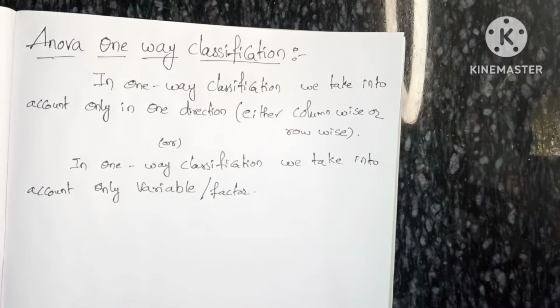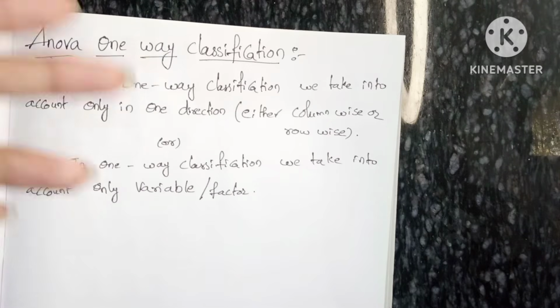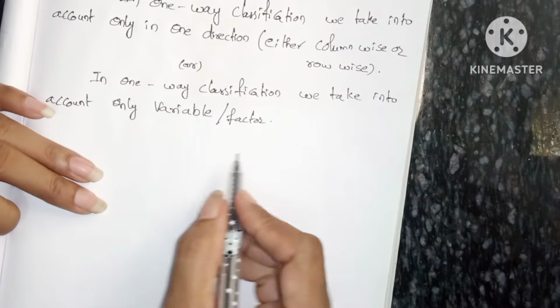So that is called ANOVA one-way classification. One, in the sense, only one variable we are going to consider. That means only one direction, either row wise or column wise. Let me tell one example.